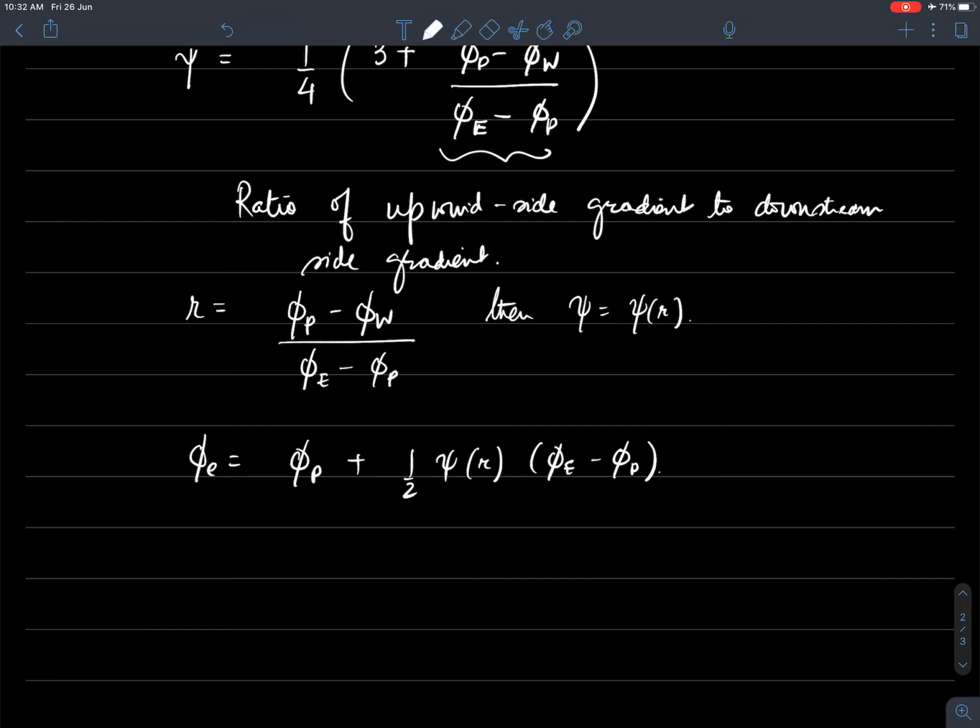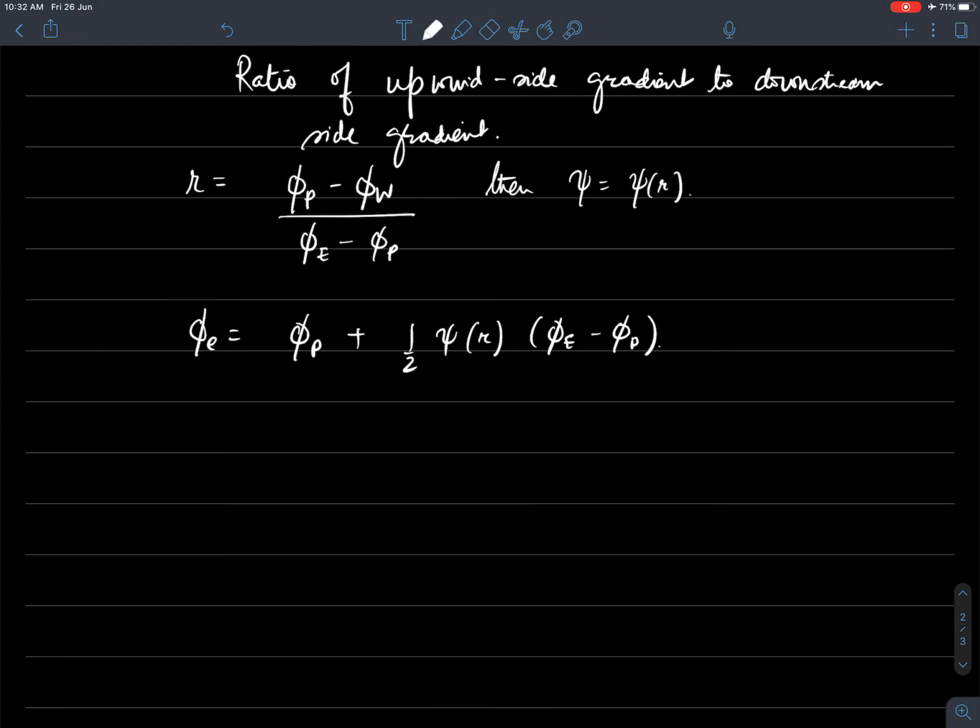I have not even told you why it is called a total variation diminishing scheme. To explain that, let me bring to you some of the more mathematical aspects. Even though I'm not going to go into detailed mathematics, I'll just state some theorems and ideas. You are welcome to look at additional literature to convince yourself that this is how it is.